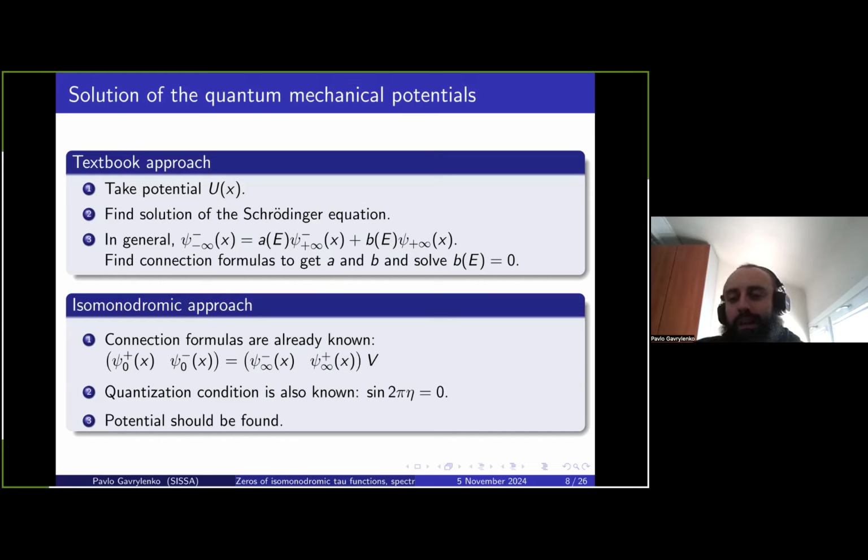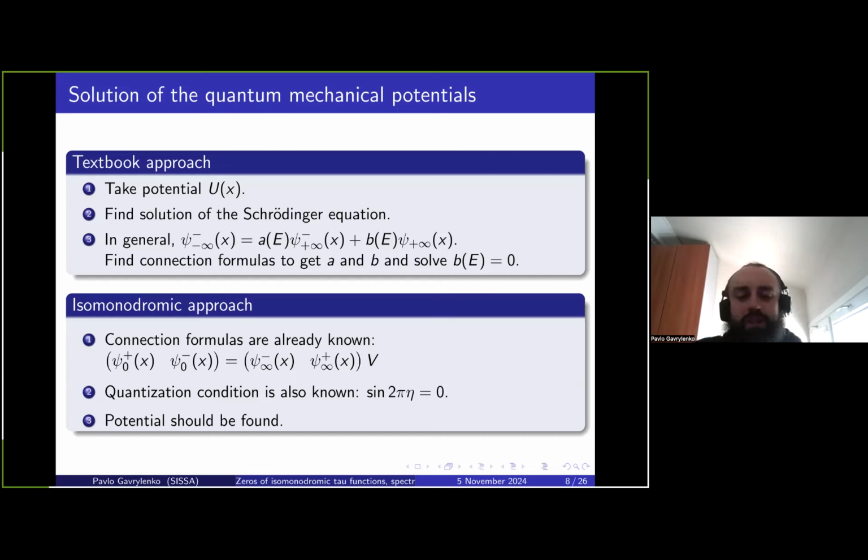The things which we know at the beginning is this connection matrix between 0 and infinity, because we have already seen this 2 times 2 system with explicitly known monodromy data. So there was this matrix V, which mapped solutions at 0 to solutions at infinity and vice versa.